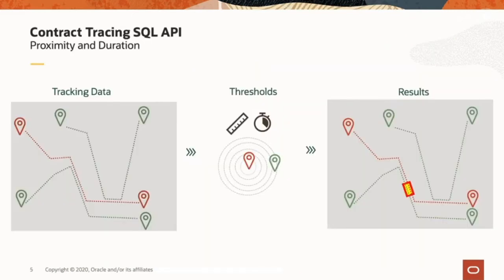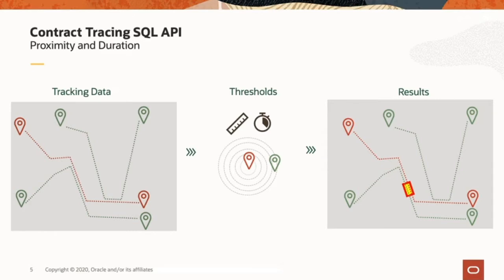So what it does, essentially, is the following. We feed it tracking data. And I'm not showing people here, just showing pins, because again, it could be people, it could be whatever you're tracking. We feed in that tracking data with both space and time thresholds and develop results.